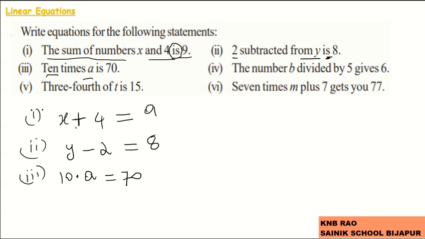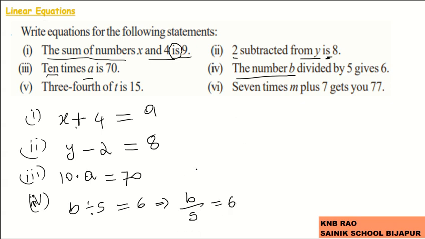Next, in the case of the fourth one, we have the number b divided by 5 gives 6. The same thing we can write as b by 5 equals 6.